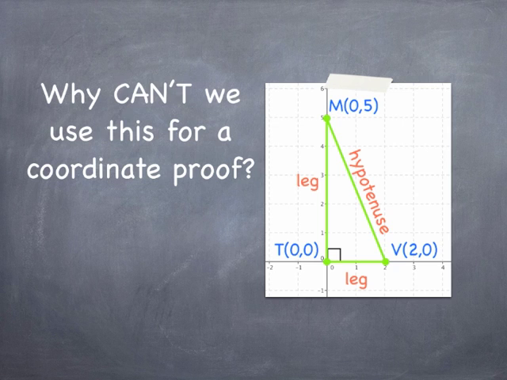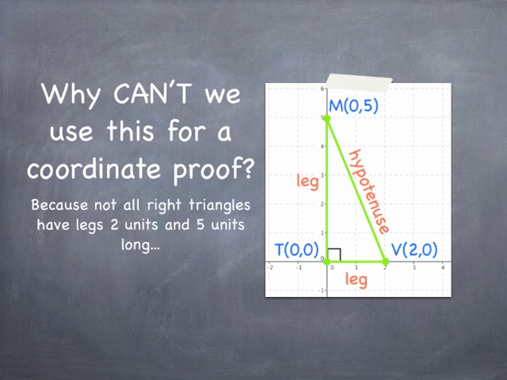Why can't we use this figure for a coordinate proof? We've placed it well. We've got the right triangle with its right angle in the corner of the axes. The reason why is not all triangles have legs 2 units and 5 units long. And so instead of 2 and 5, we'll replace them with variables. Instead of 2, we'll use a letter.